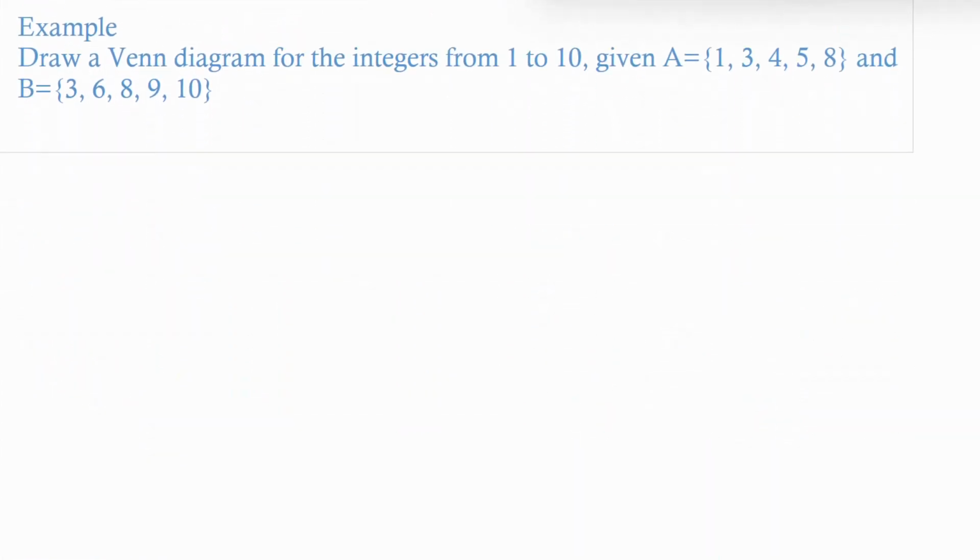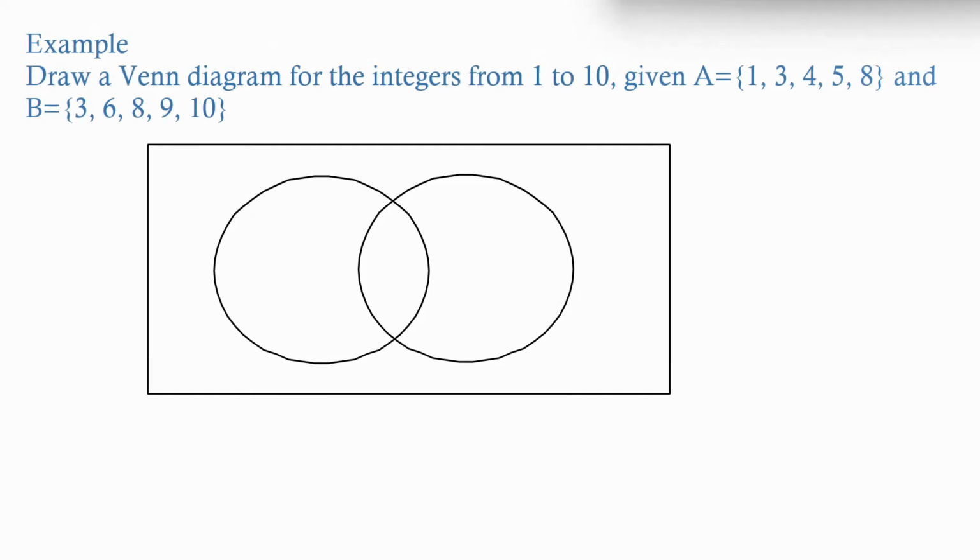So here we need to draw a Venn diagram for this set. The first thing we want to do is draw up a rectangle. All right, so I put my rectangle and I've got 2 circles there. I can call this set A and this can be set B. Set A will include 1, not 3 because it's shared, 4, 5, and that's it. 1, 4, and 5.